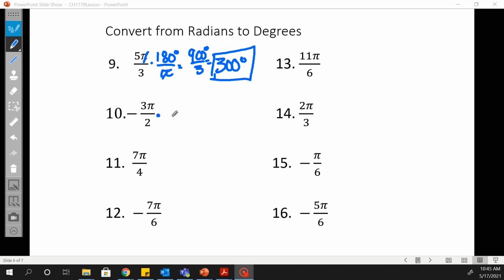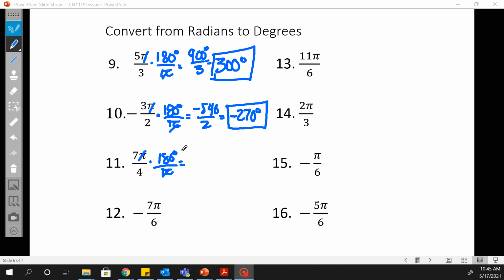Negative 3 pi over 2 multiplied by 180 degrees over pi. Pi's cancel. So 3 times 180. So I got negative 540 over 2. So that's negative 270 degrees. I'll change this to degrees, multiply by 180 degrees over pi. Pi's cancel.